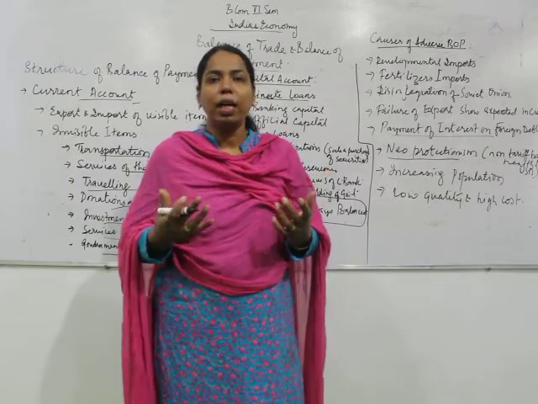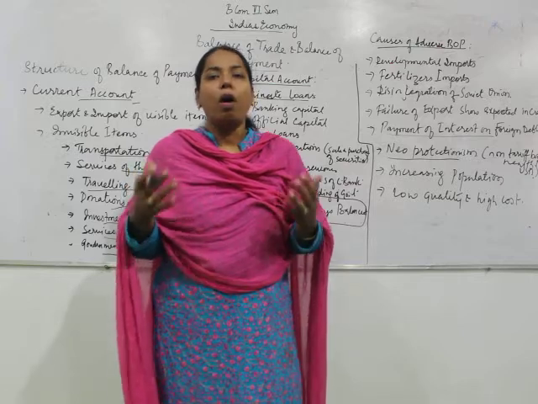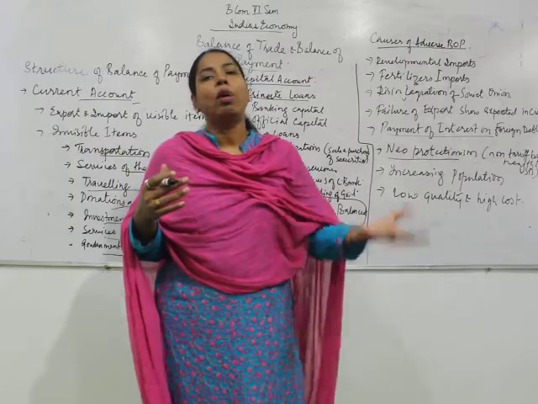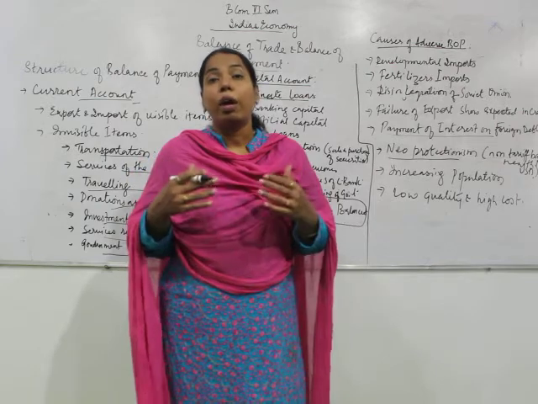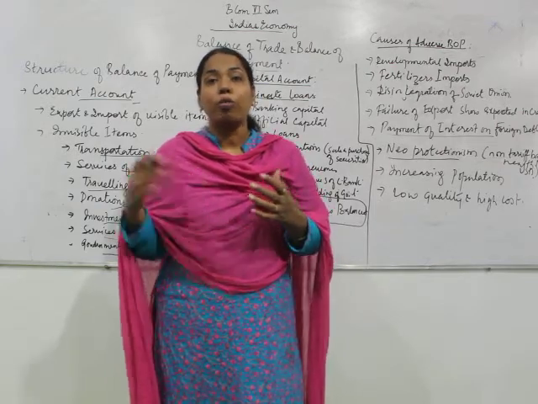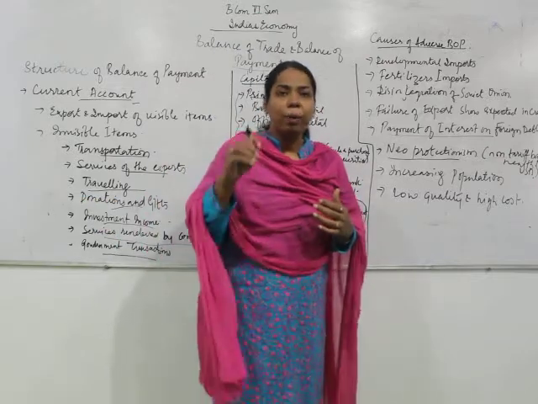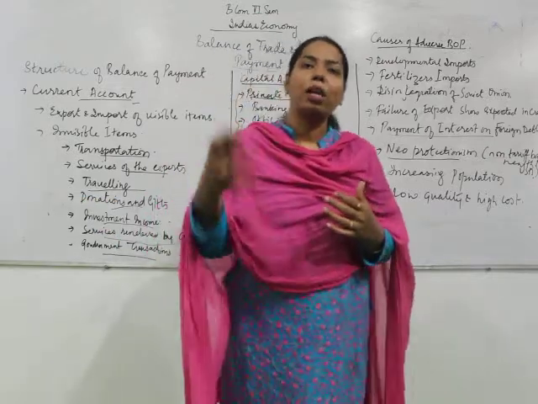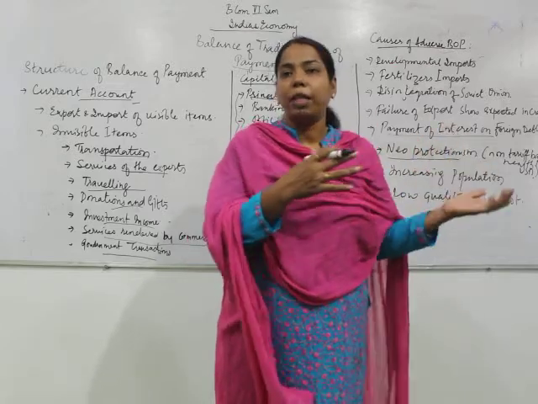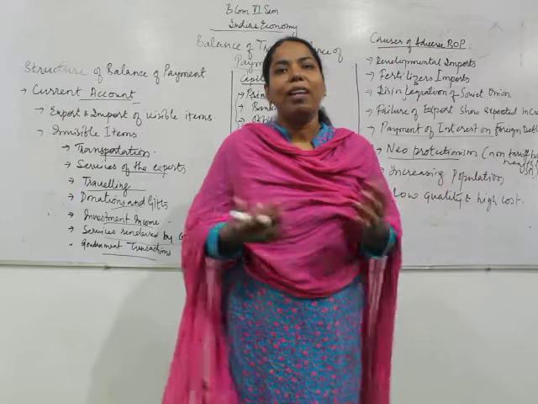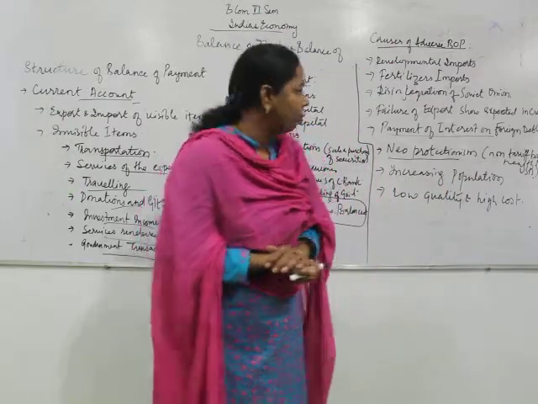In the USA, on the ground of health laws, they do not import agricultural goods from the developing countries. And when we talk about developing countries, the main item of export is agricultural goods, and if it is not imported by other countries, again there will be a fall in the export, and it will have an adverse effect on the balance of payment position.